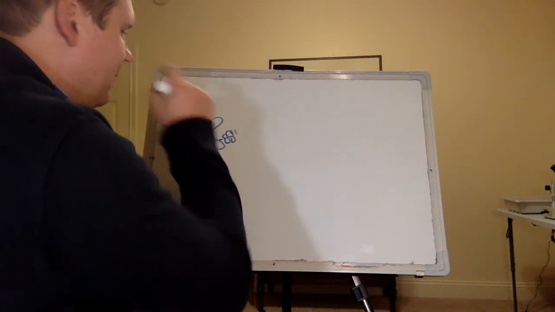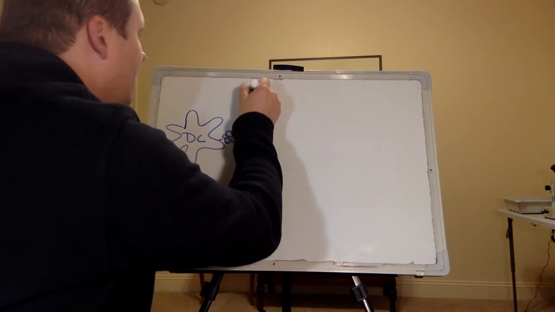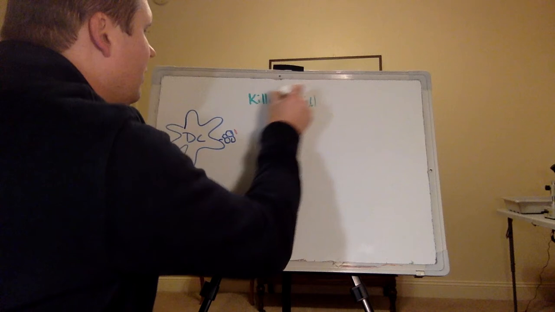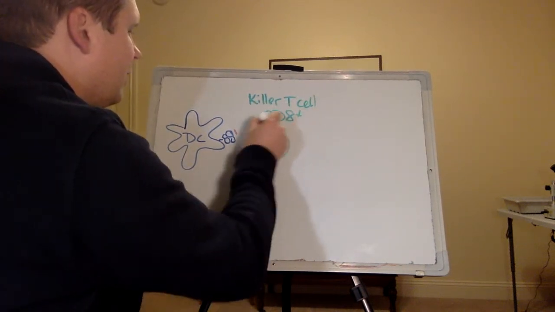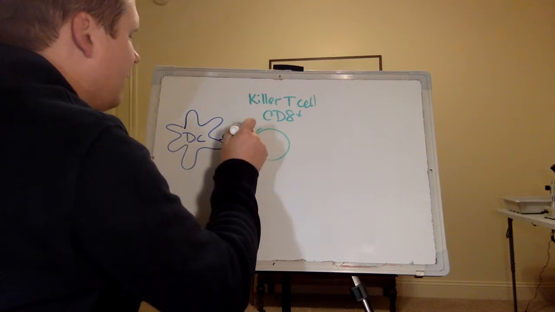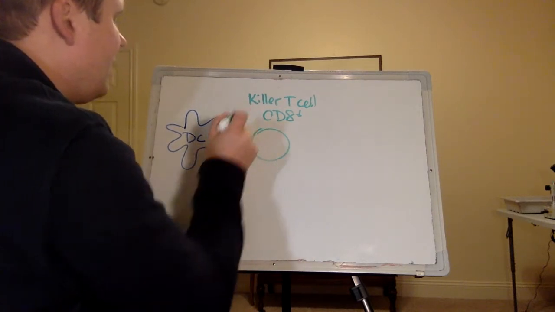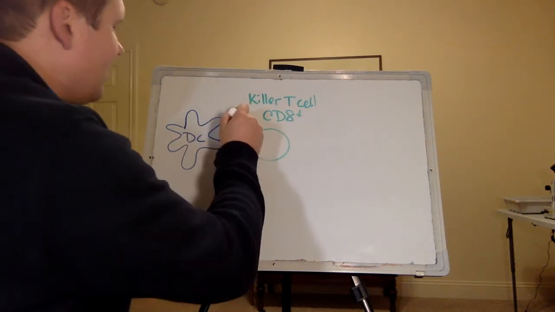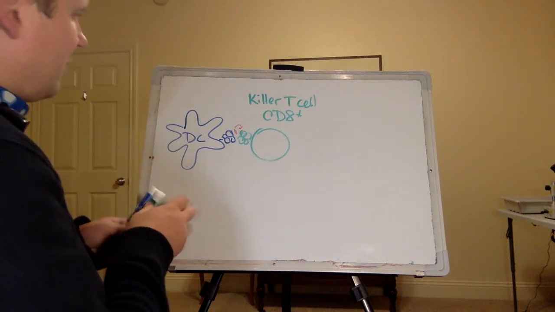Hence, we'll draw our cells of the immune system in green. We'll have a killer T cell, which is going to be CD8 positive. And so there we go. And it's going to have a thing called a T cell receptor that looks a whole lot like MHC. And it will transfer the peptide again. So it's like a little relay race. Instead of passing the baton, we're going to pass that peptide over.